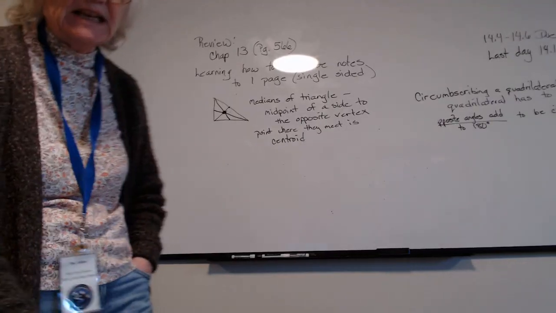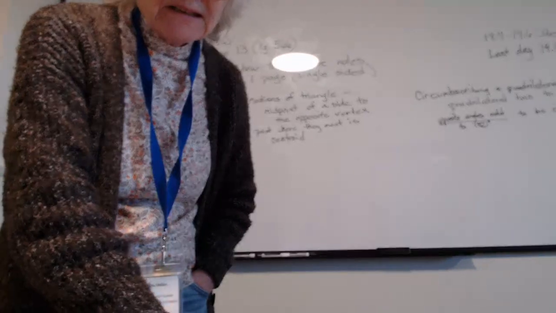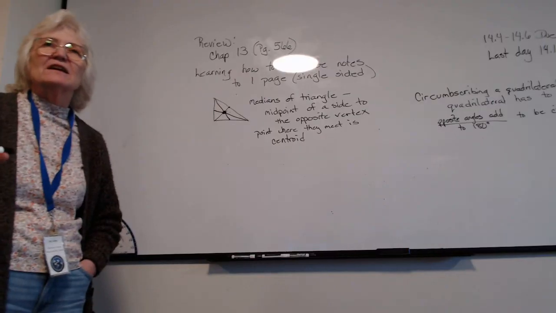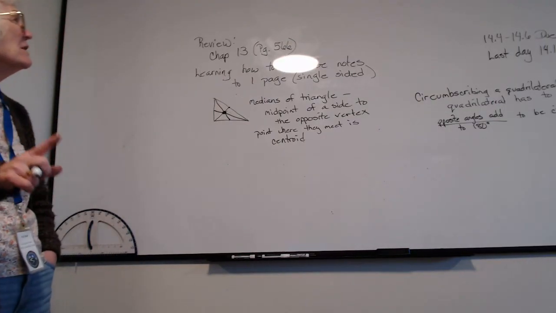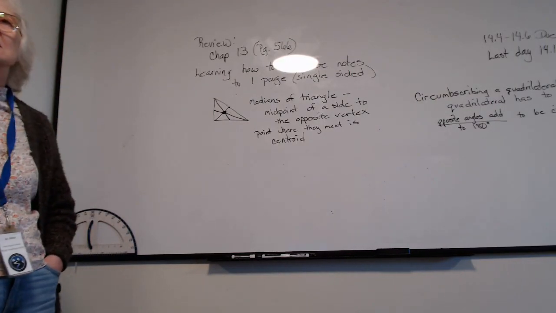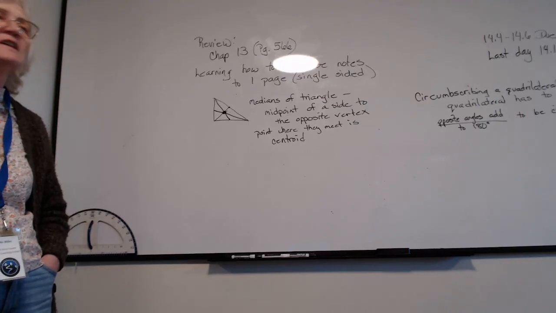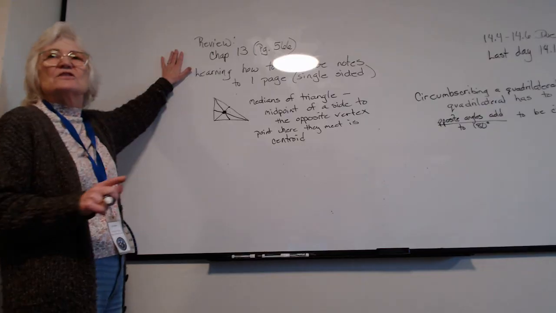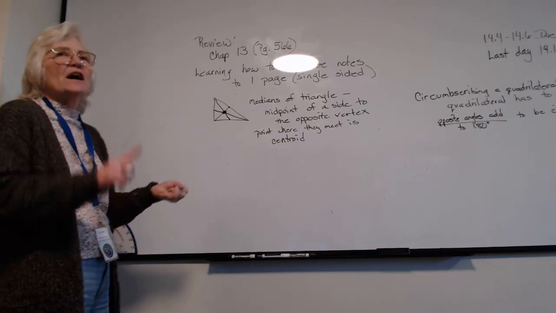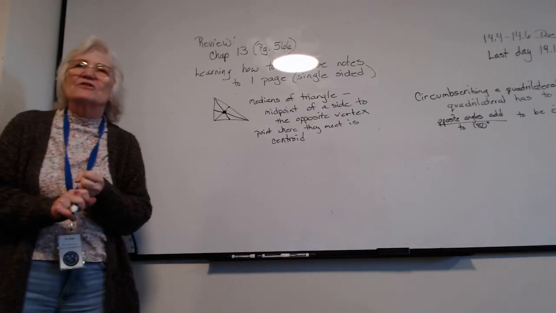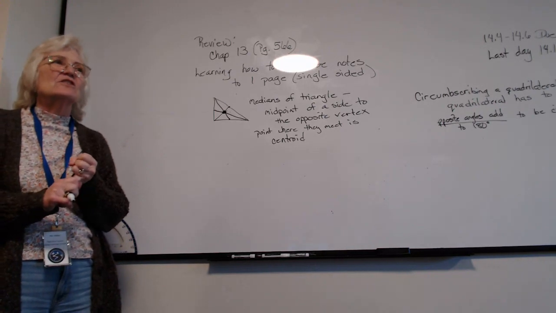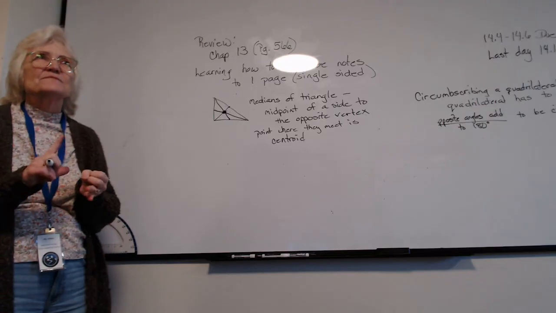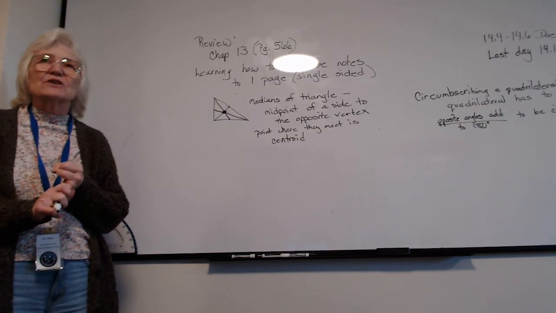Now, there's one more thing they talk about in this. There are medians, the centroid, and then there's one other thing that is concurrent that we haven't talked about. Because really, chapter 13 is about all these concurrent things. You have perpendicular bisectors that are concurrent. That's called the circumcenter. You have the angle bisectors, which are concurrent.